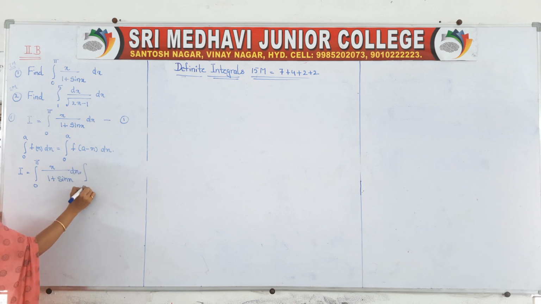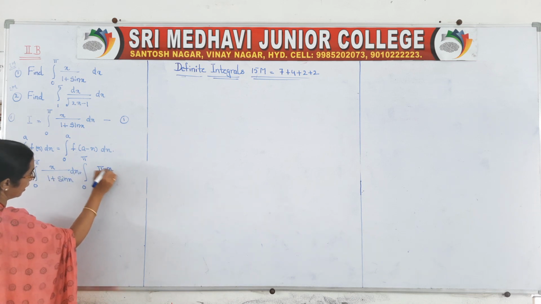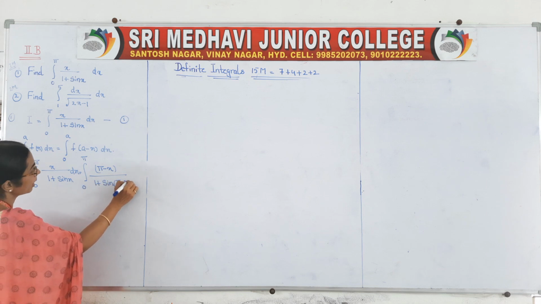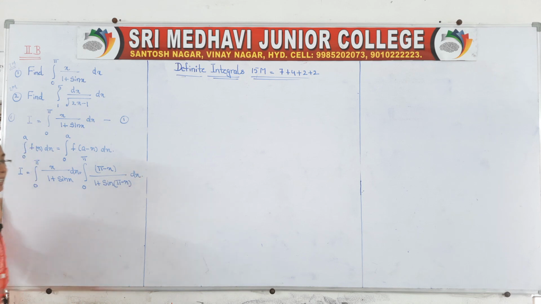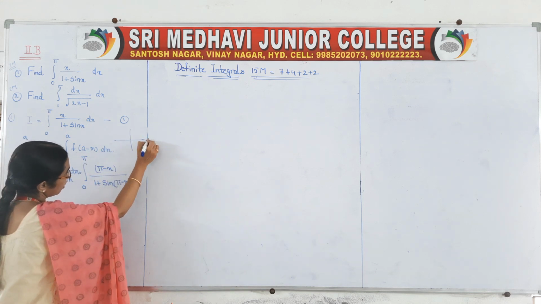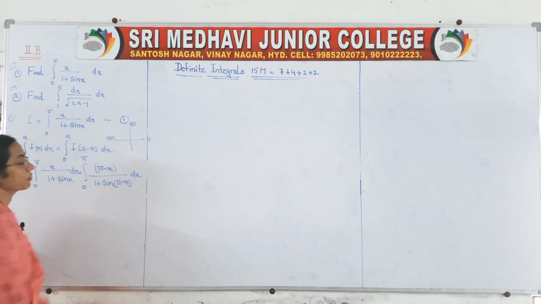This can be taken as 0 to pi, in the x place we have to take pi minus x by 1 plus sine of pi minus x into dx. Pi minus x, 180 minus theta. So this is 0, this is 90, this is 180. 180 minus theta is the second quadrant.